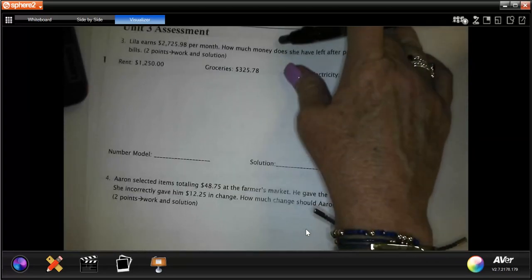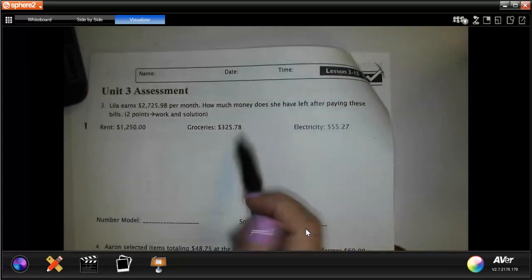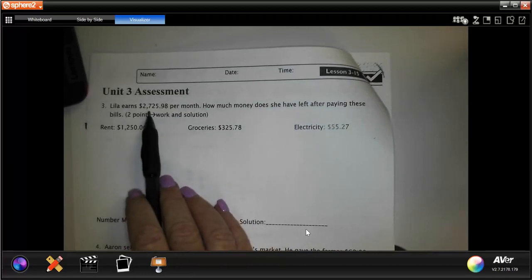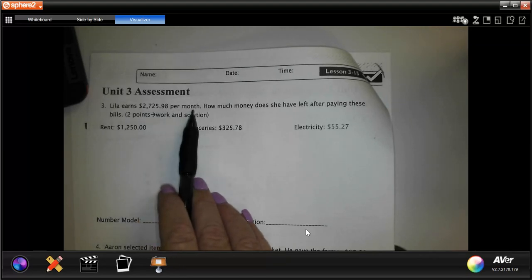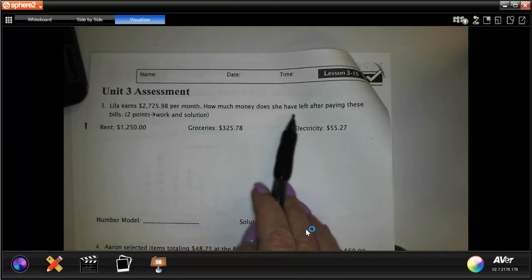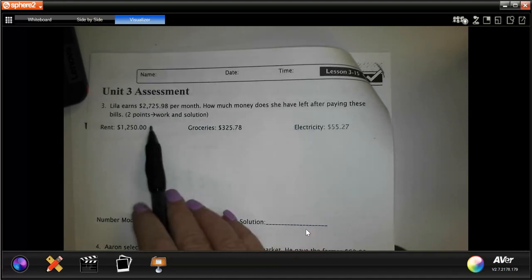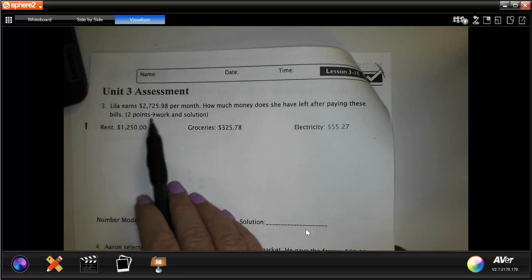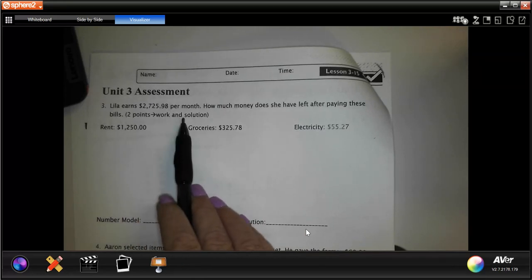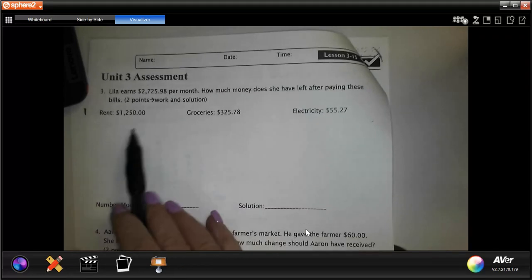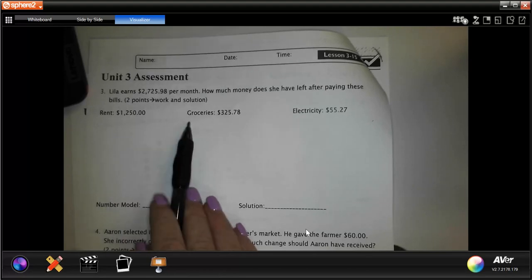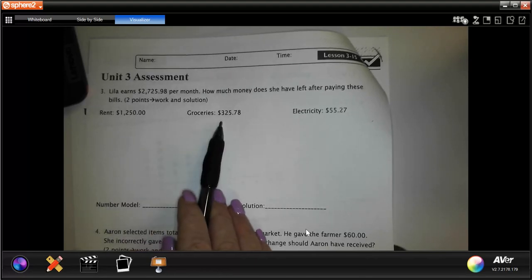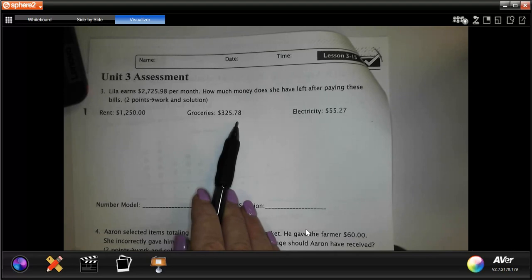If you turn the page, we're on number 3 now. Lila earns $2,725.98 per month. How much money does she have left after paying these bills? Show your work and solution for full points. Her rent is $1,250. The groceries were $325.78.